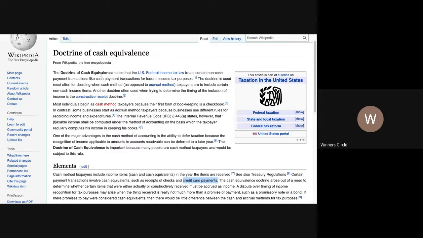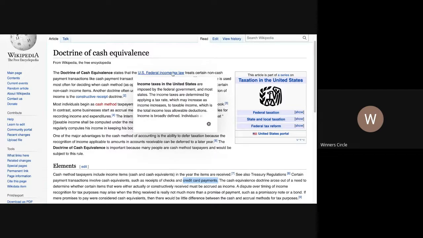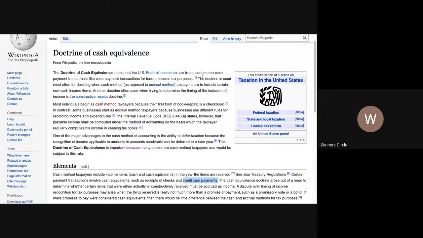Under the doctrine of cash equivalence, the United States federal income tax treats certain non-cash payment transactions like cash payment transactions for federal income tax purposes. The doctrine is used most often for deciding when to use the cash method as opposed to the accrual method.